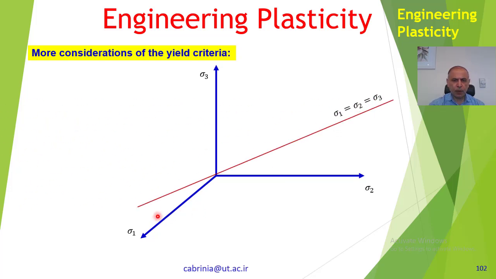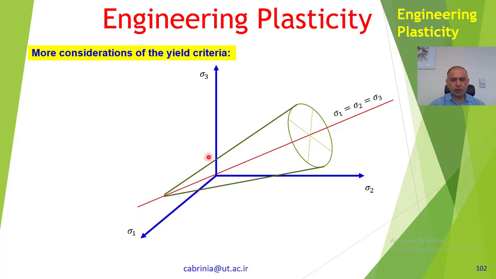Now this, sigma 1 equal to sigma 2 equal to sigma 3, is the hydrostatic line. It makes equal angles to sigma 1, sigma 2, sigma 3, and it's the hydrostatic pressure line, around which we usually make our yield criteria or yield surface. It is the axis of revolution for the yield surface.